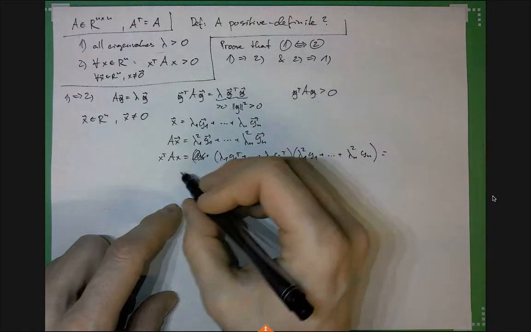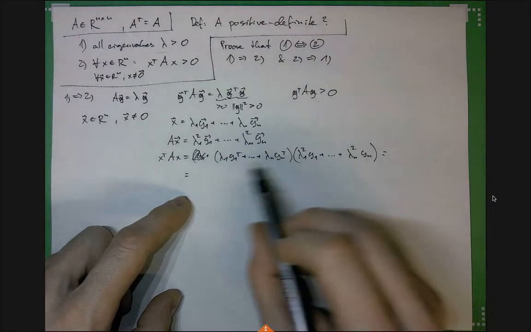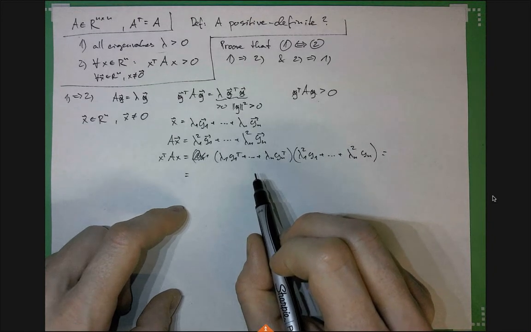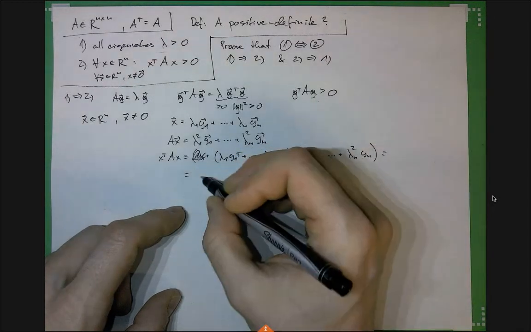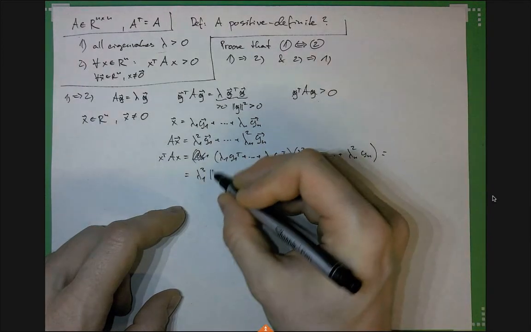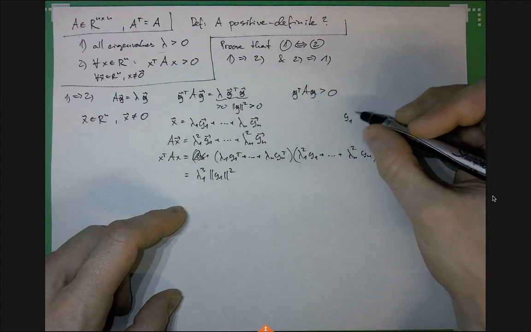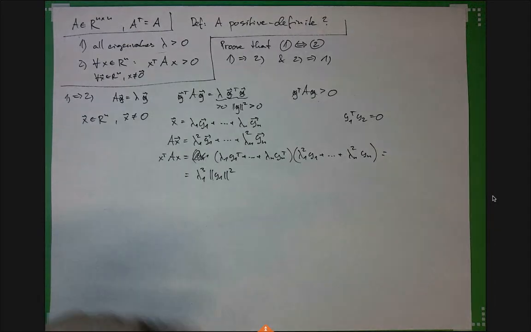Now then, what is that going to be? They are all orthonormal, right? Not only are they linearly independent, but they are orthonormal. So this will be lambda 1 cubed, the norm of y1 squared, and then the terms like y1 transpose y2 have to be 0, because the eigenvectors of a real symmetric matrix are orthonormal.